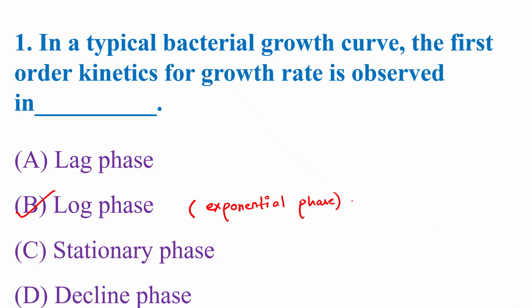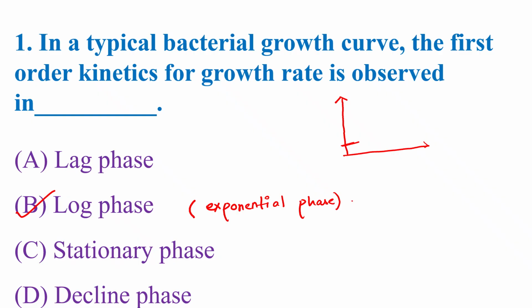Whereas in the lag phase, there is no division, only the microorganisms, bacteria, adapt to the new environment. And in the stationary phase the growth rate is equal to the death rate, that means there is no net increase in the growth. And in the decline phase the growth rate will be less and the death rate will be more, that means the population will decrease. The curve is somewhat like this.